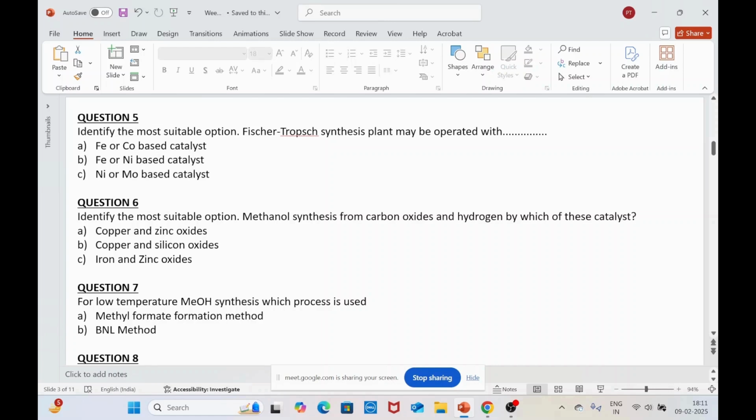There are three options given: iron or cobalt based catalyst, iron or nickel based catalyst, nickel or molybdenum based catalyst.